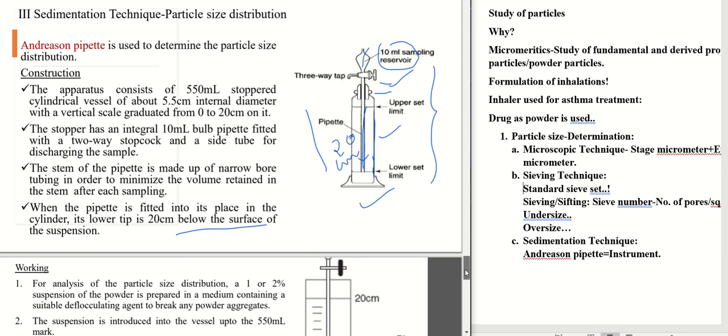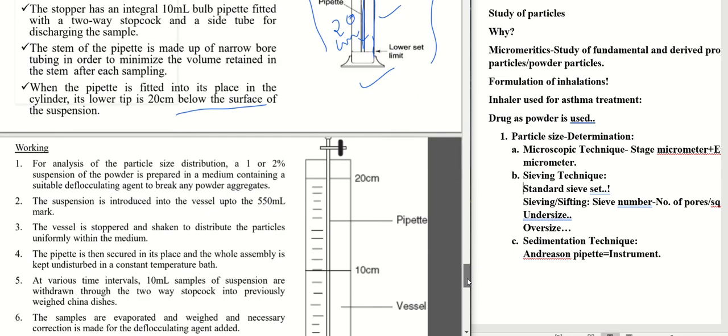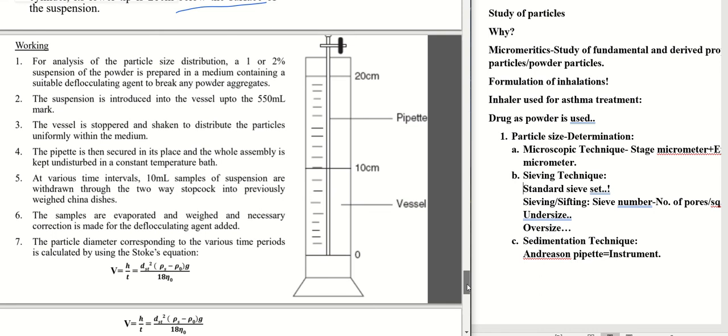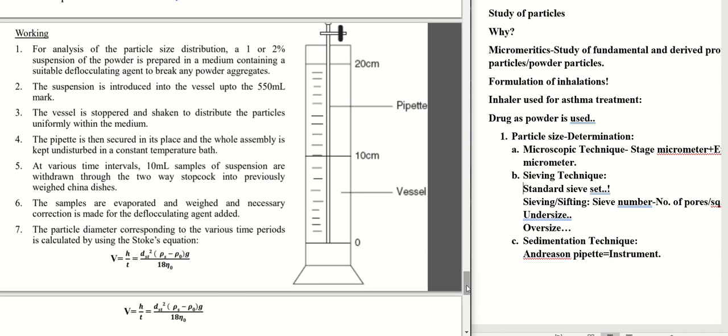It's time to brush up your minds to remember the sedimentation of suspensions. Let us recollect the basic principle of sedimentation.